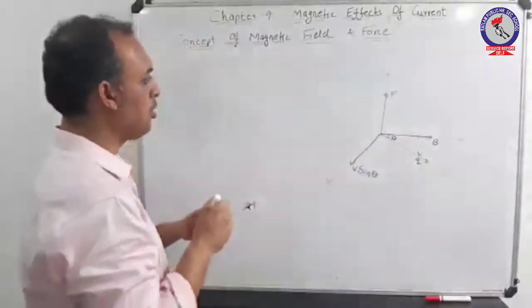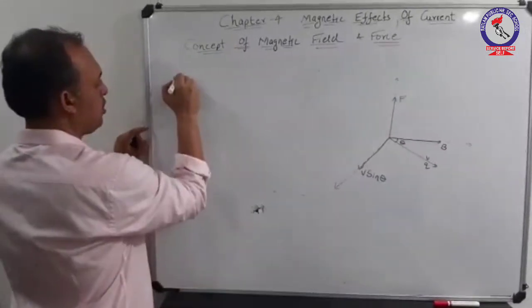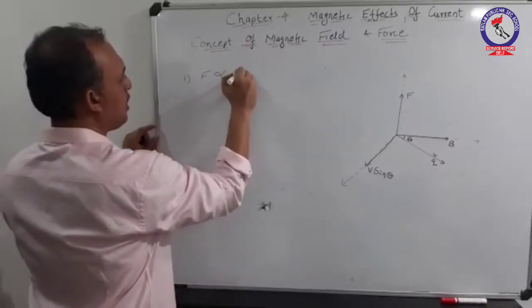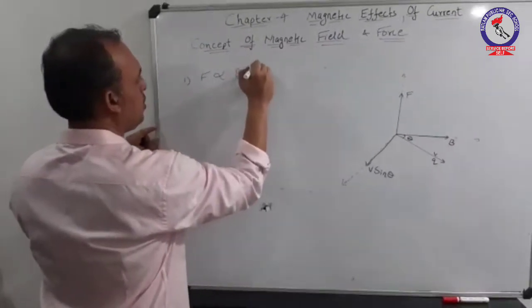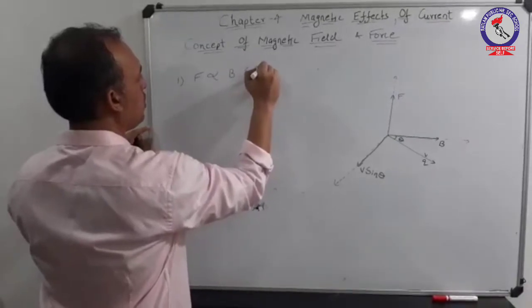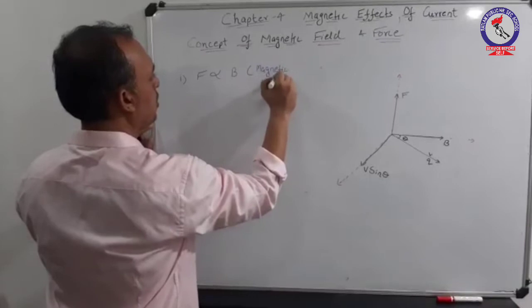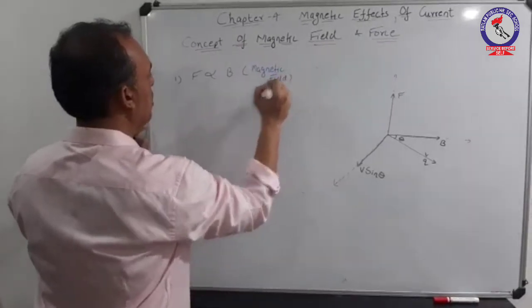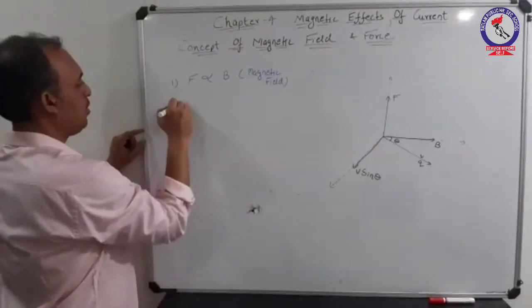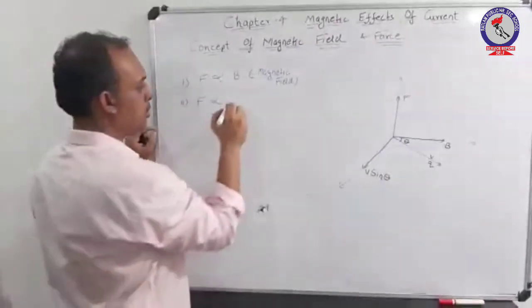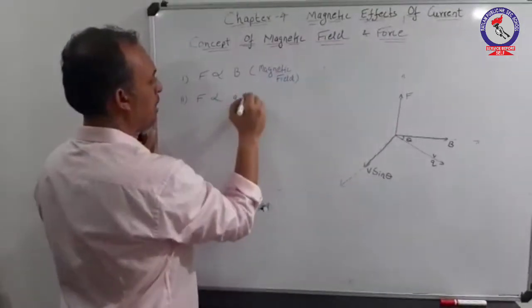Talking about the magnitude of this force, F is directly proportional to the magnitude of magnetic field. This force is directly proportional to the magnitude of charge.